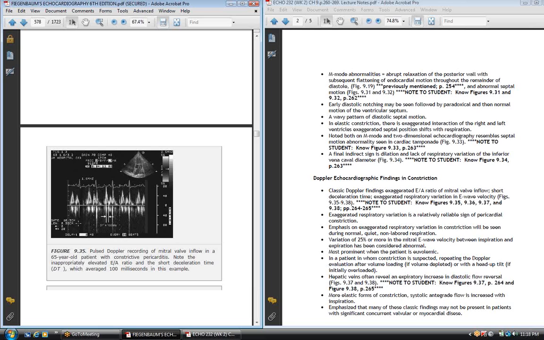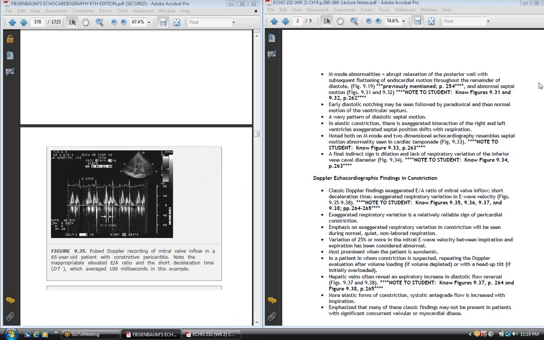You have an inappropriately elevated E to A ratio. You have a large E, smaller A, and a short deceleration time, which in this particular case they say averaged less than 100 milliseconds. Deceleration time is how you would measure the EF slope. The EF slope, the top of the E to the baseline, gives you this deceleration time and tells you how quickly the pressure is decelerating.